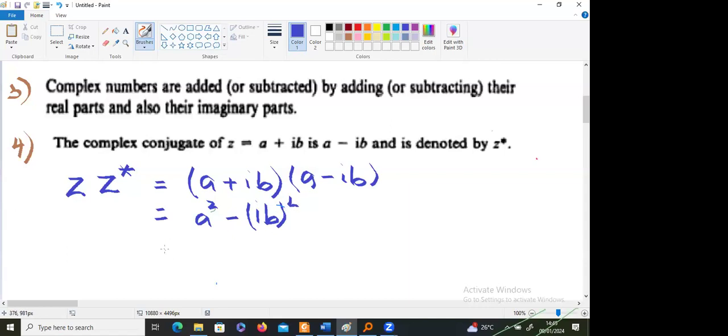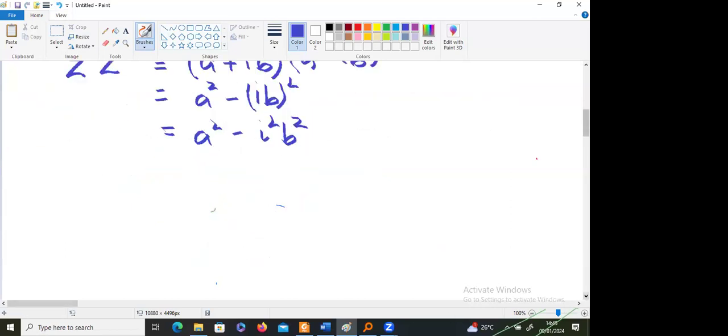So the A is going to remain squared, and the I will be squared, and the B as well will be squared. And so finally, what comes out of this? I'll have the A squared, yes.